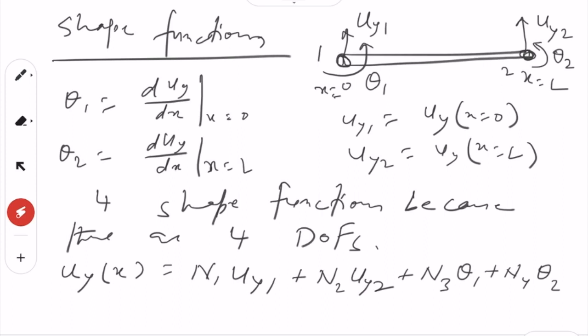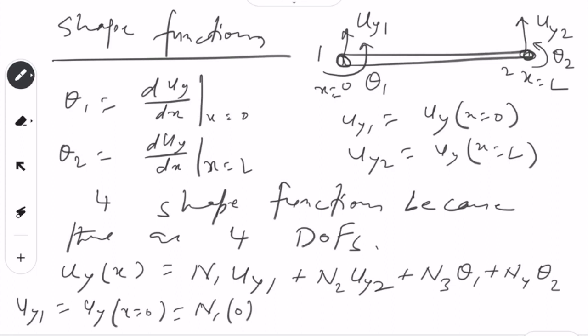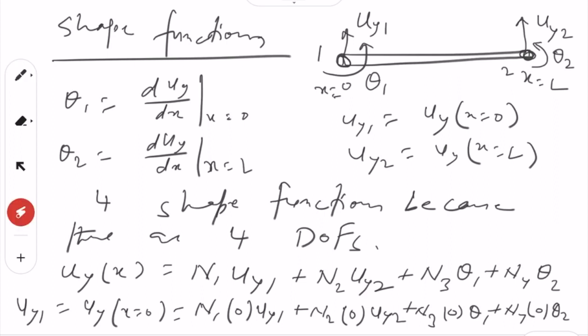You can see that at x equal to 0, we have uy1 which is equal to uy at x equal to 0, which equals n1(0) uy1 plus n2(0) uy2 plus n3(0) theta 1 plus n4(0) theta 2. Since this is equal to this, n1(0) will be 1 and all others will be 0.